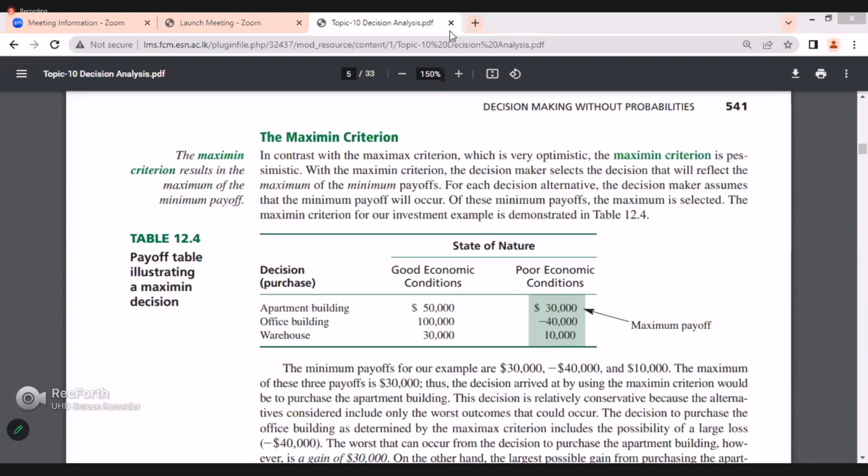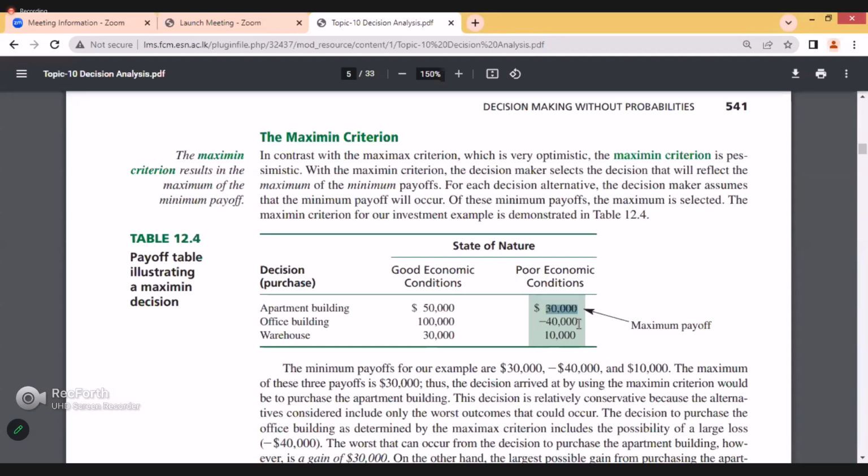Then maximin. The maximin criteria says the result is the maximum of the minimum payoffs. So first decision, what is the minimum? 30,000.